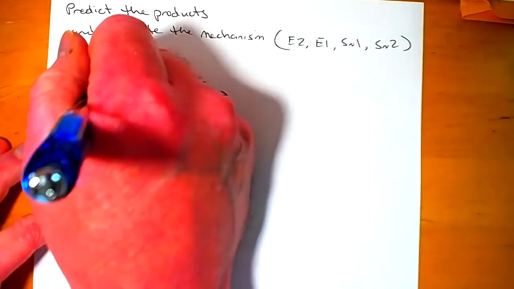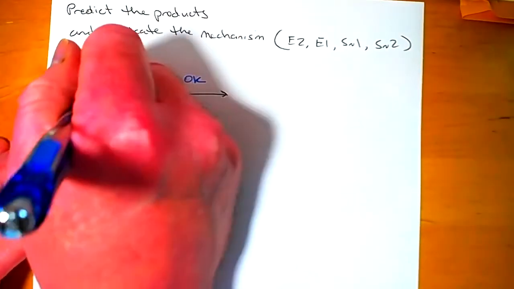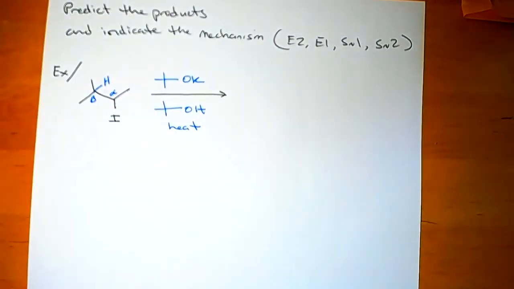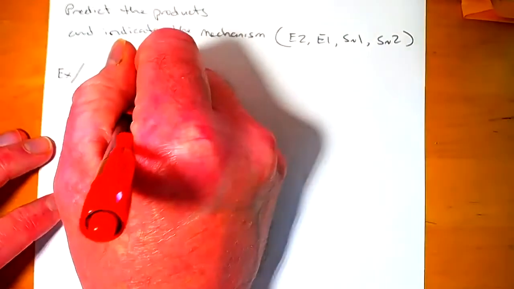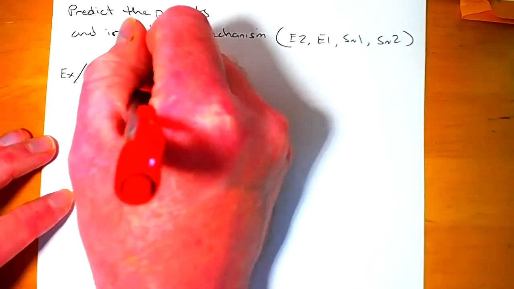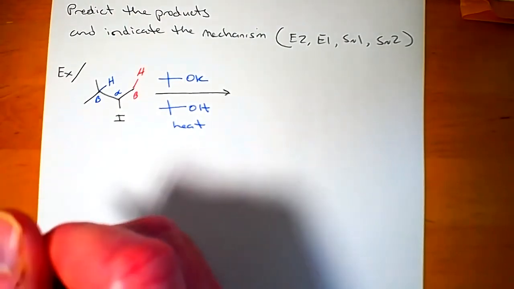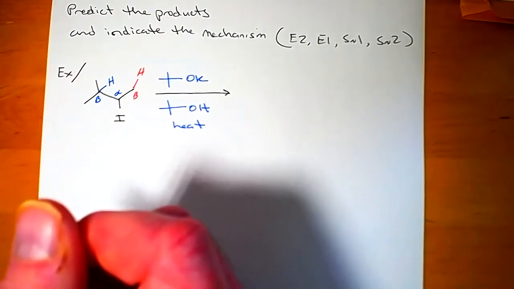Okay, so this is the alpha, so there's beta, so there's a hydrogen there, and there's a hydrogen here. Yes, there are beta hydrogens present. Well, then you're predicting this is going to be an E2 elimination.